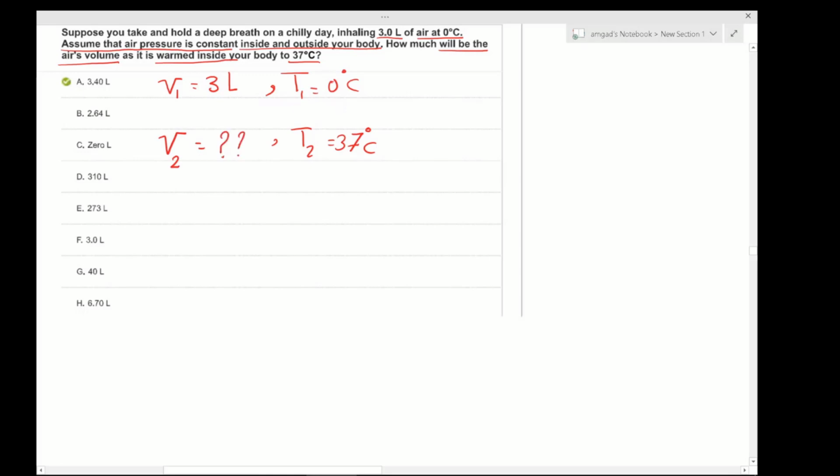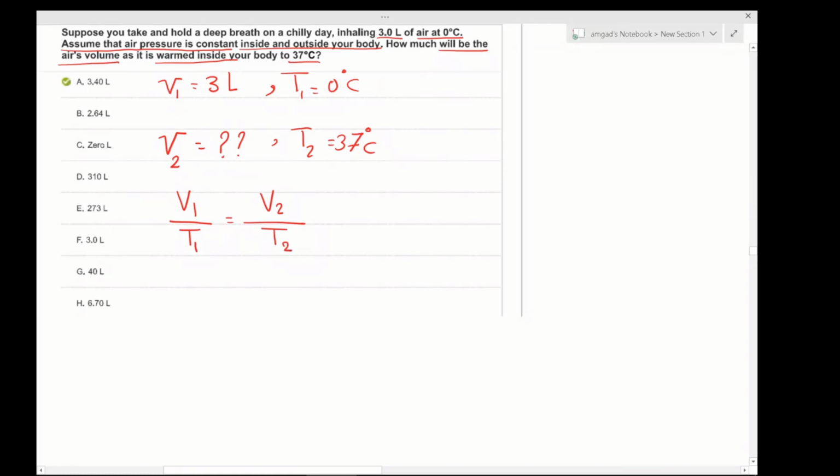So what will be the second volume? This equation is what? Charles law. That's right. So V1 over T1 equals V2 over T2. That was Boyle.